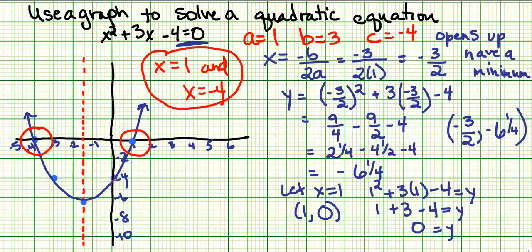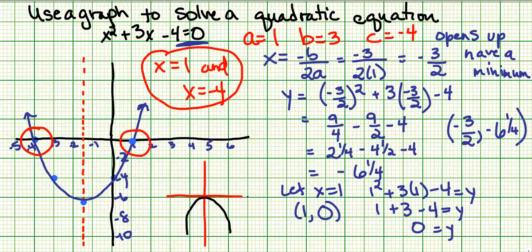In this example, it happened to cross it twice. An example of a graph that would cross it 1 time is if the maximum or minimum point happened to be right on the x-axis. So there's a graph that has one solution. Actually, it would be a repeated solution, the same solution 2 times.